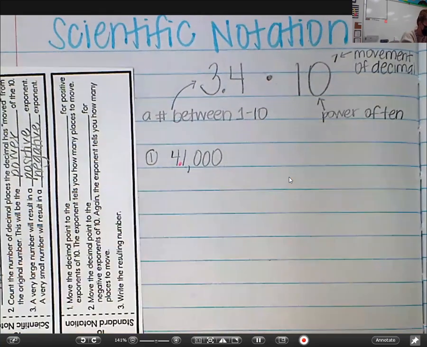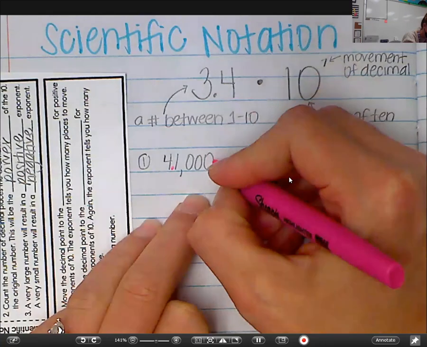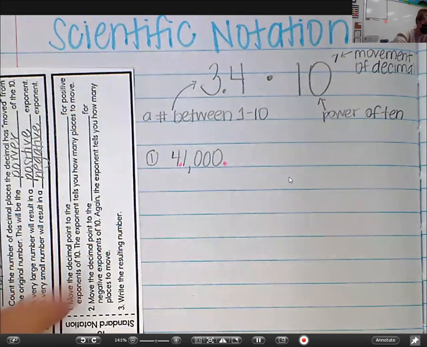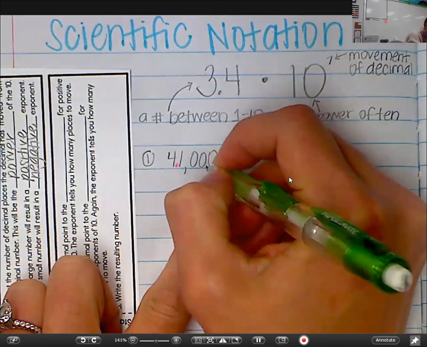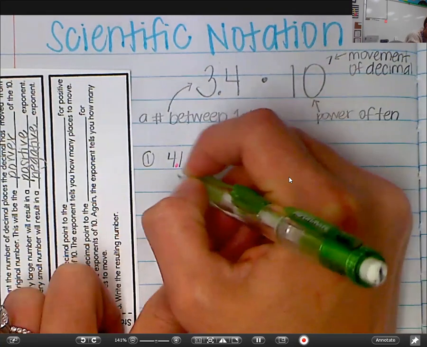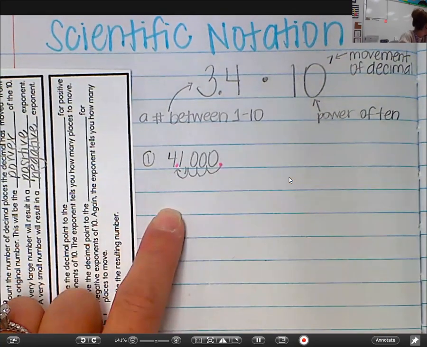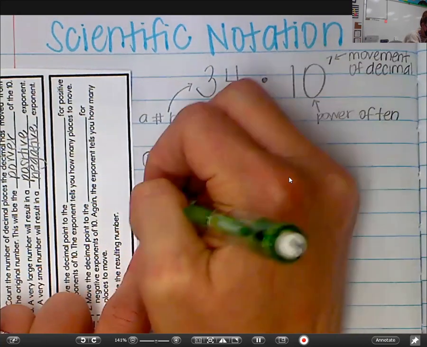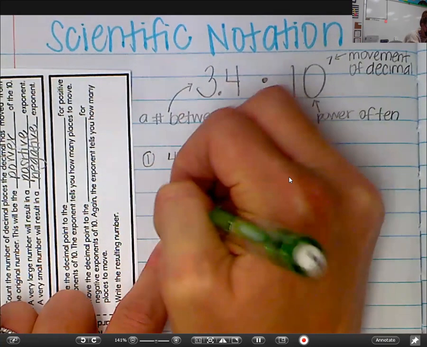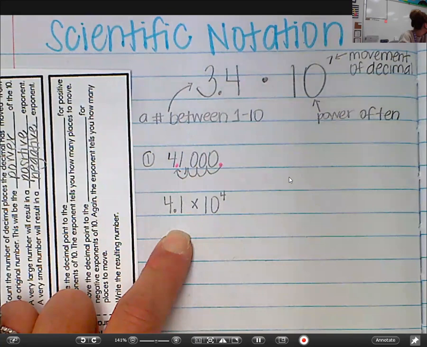And we're going to count those movements from the original decimal to its new location. 1, 2, 3, 4 spaces. So our number in scientific notation is 4.1 times 10 to the 4th.